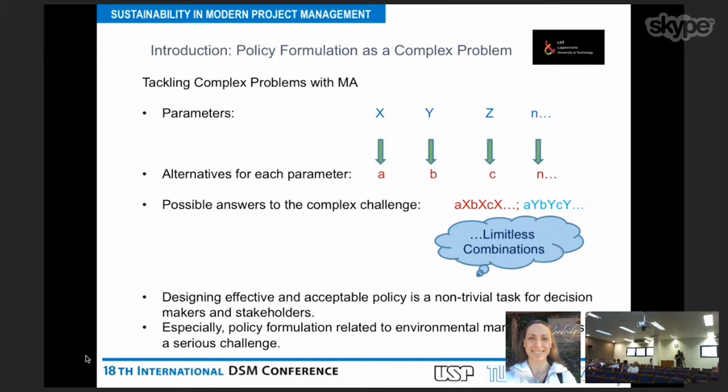So policy formulation is considered a complex problem, because indeed it is a complex decision-making problem. It includes a large number of stakeholders and many possible measures.